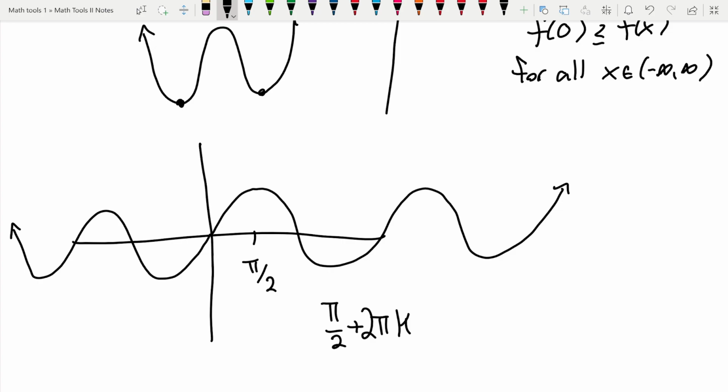So you can have multiple of them, but they would all be at the same f value. These would all be at 1.